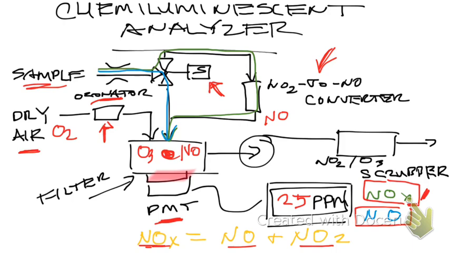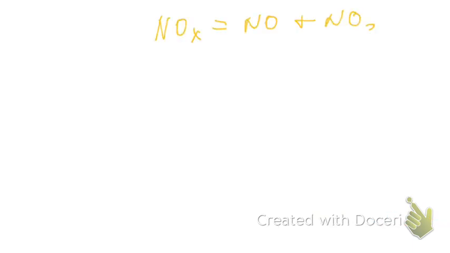Because we have our two scenarios here, half the time the analyzer will be monitoring with the solenoid energized to allow an NOx measurement to be made, and the other half the time it will make just the NO measurement. And so on my next slide we have the calculation.